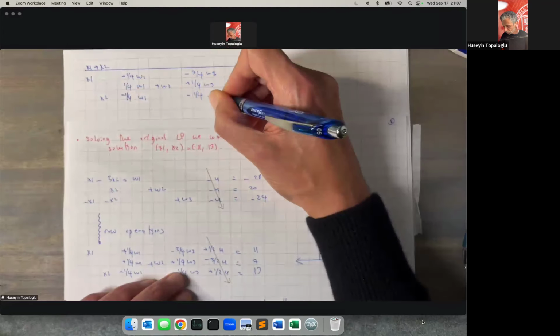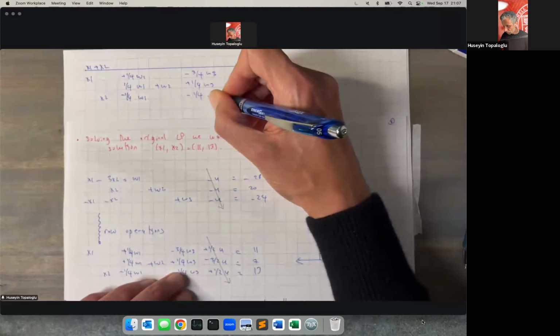So to make sure that x1 and x2 are proper basic variables, we got to make them disappear from the objective function row. That's easy. Multiply this row by -1 added over here. Multiply this row by -1 added over here. In that case, they're going to disappear from the objective function row.